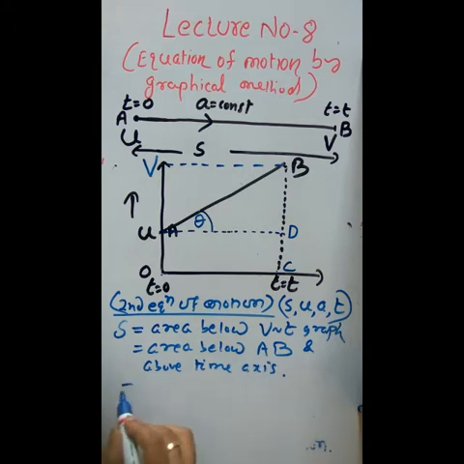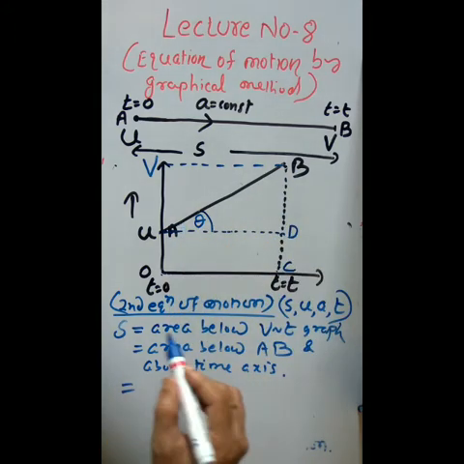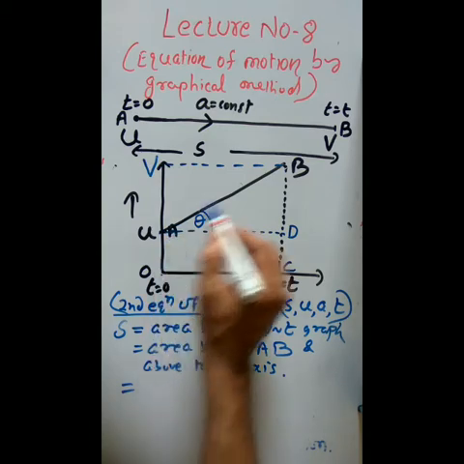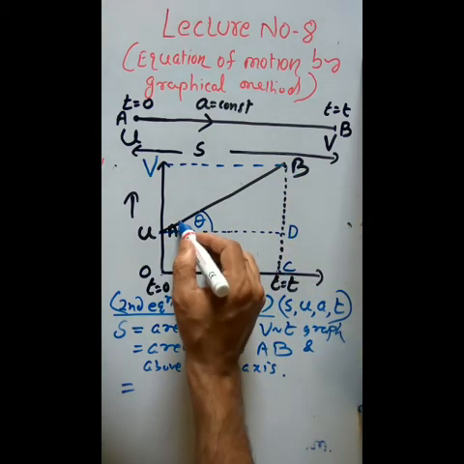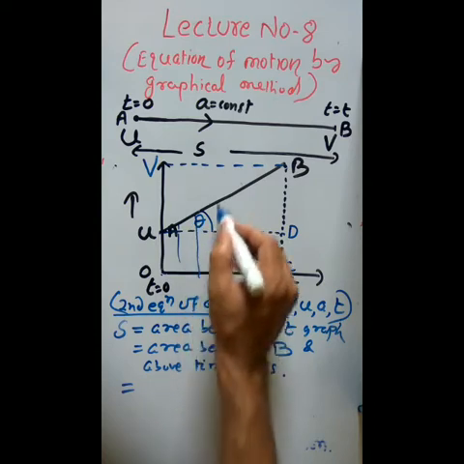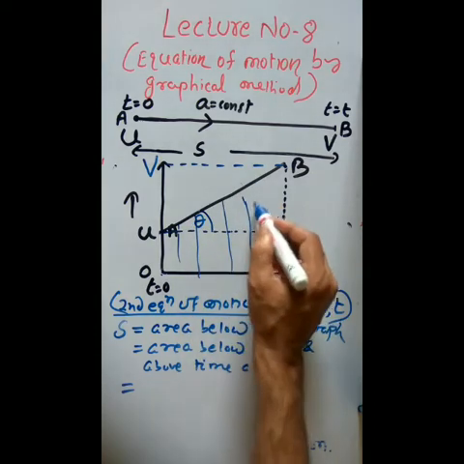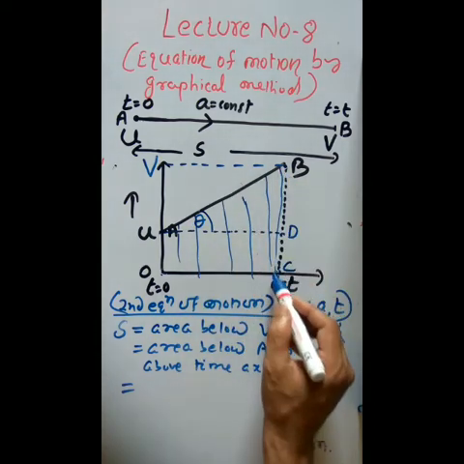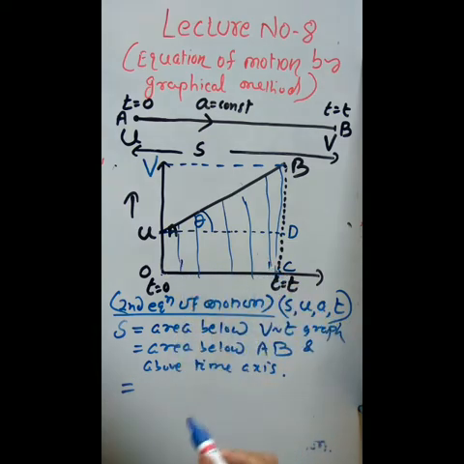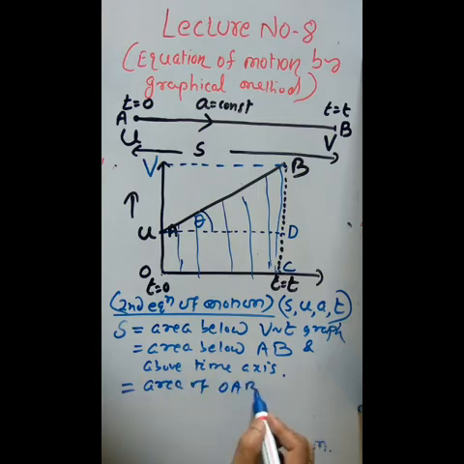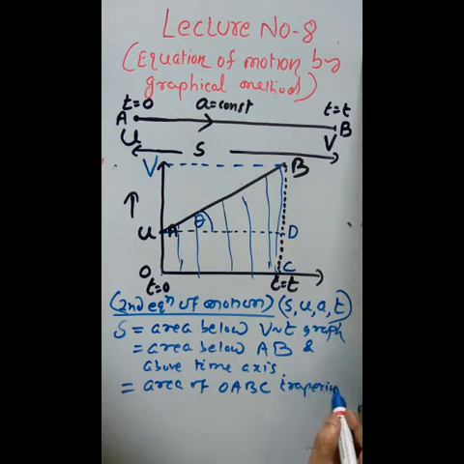So the area below AB means the OABC area, this total area. This total area is our distance. The total area is nothing but the area of OABC. It is a trapezium. OABC is a trapezium.